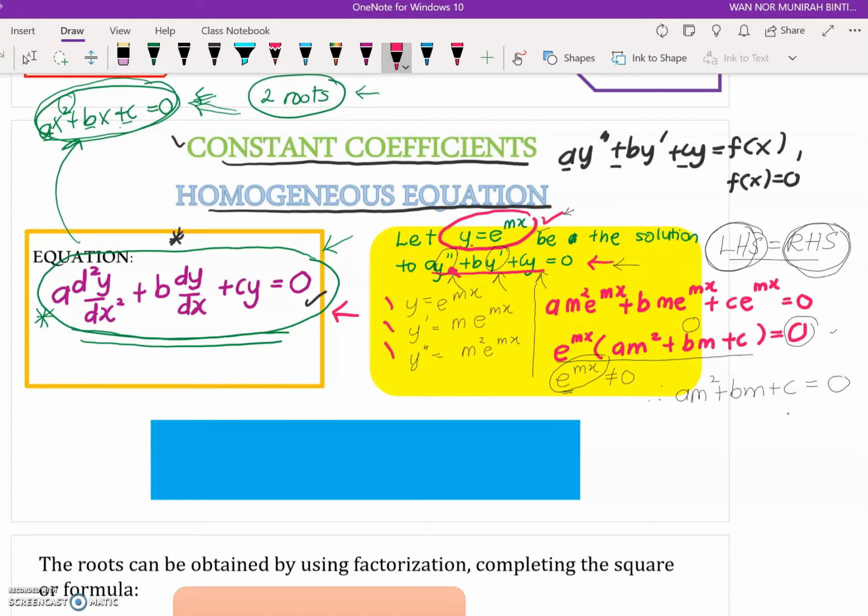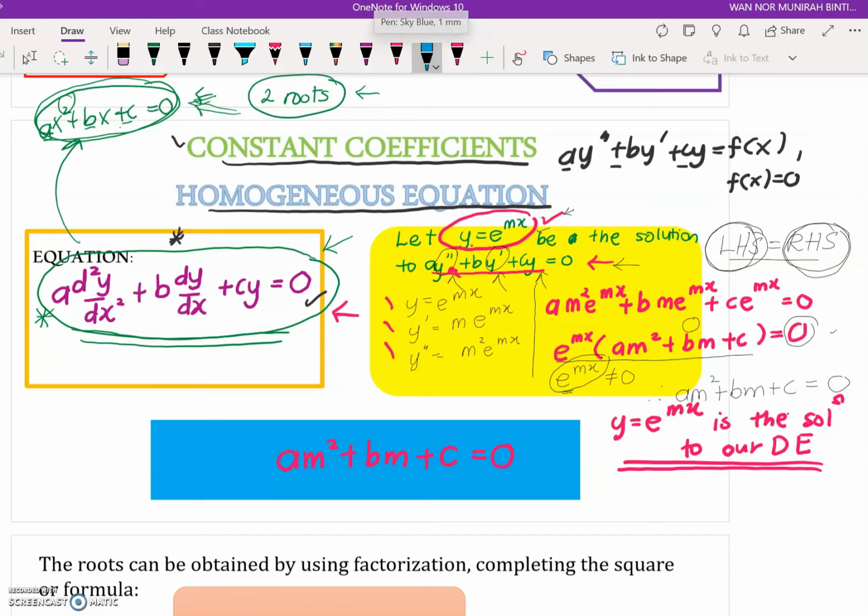So we can say that am square plus bm plus c equals 0, where y equals e^mx is the solution to our differential equation.